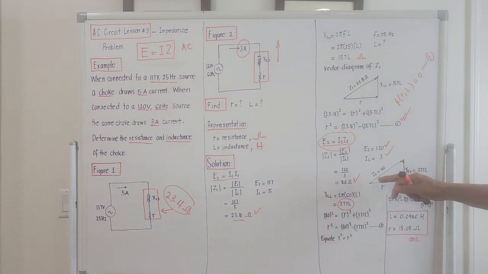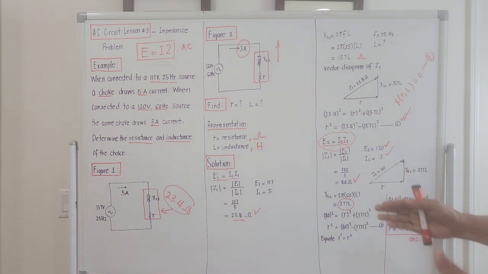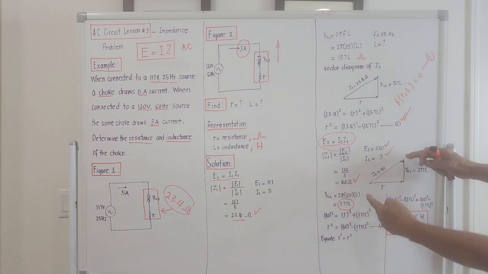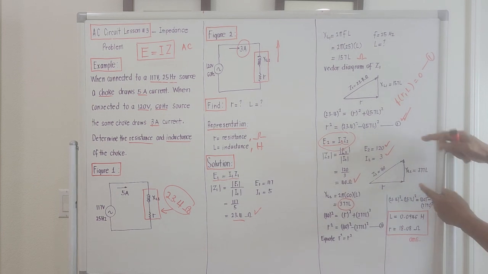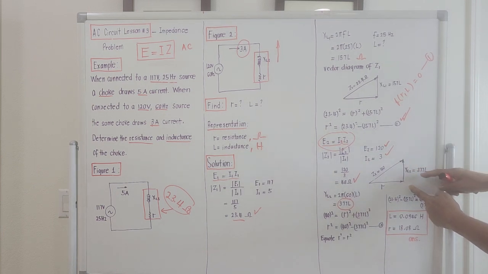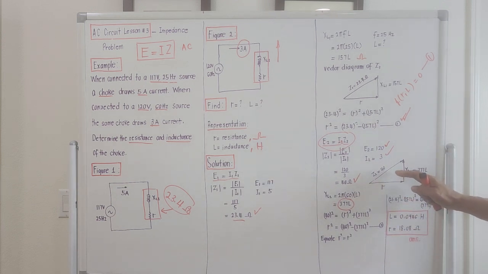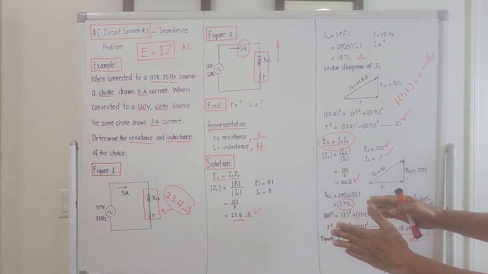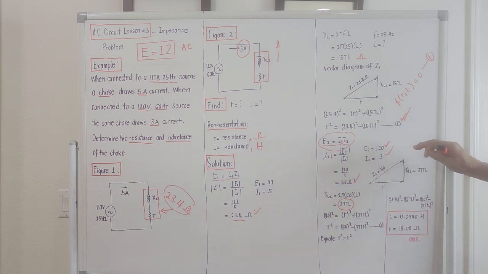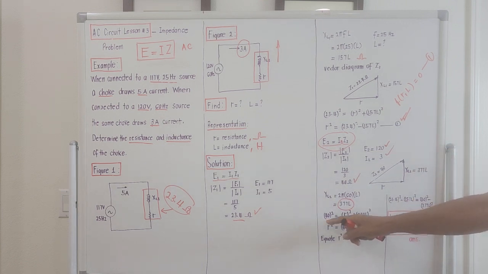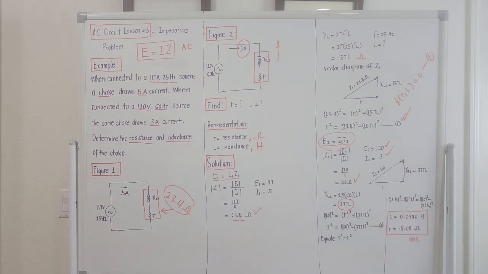So if we use again the Pythagoras principle, the square of the hypotenuse, which is 40, equals the square of R plus the square of XL2, which is (377L) squared. Using the vector diagram of C2, we derive again another relation of R and L. So 40 squared equals R squared plus (377L) squared.